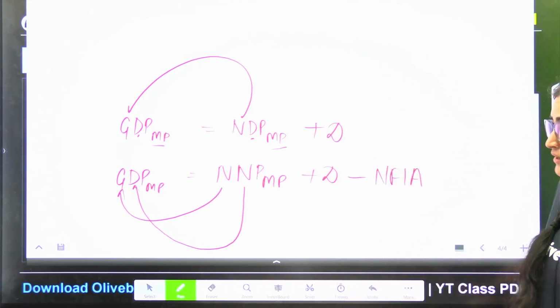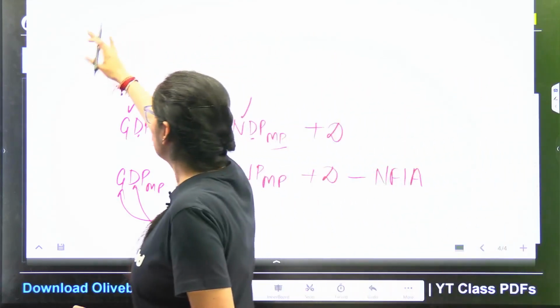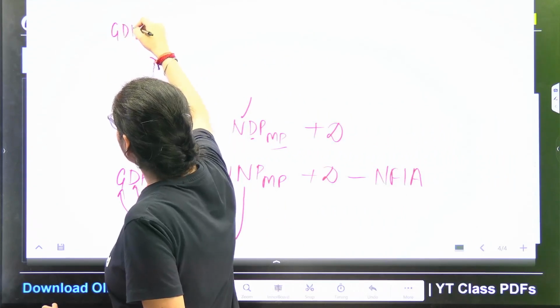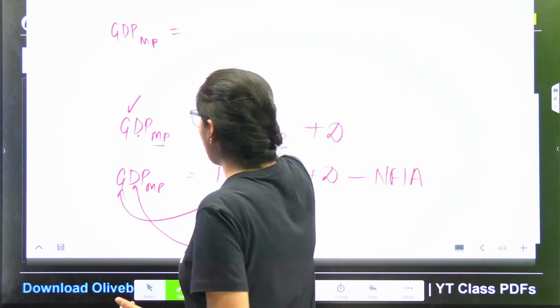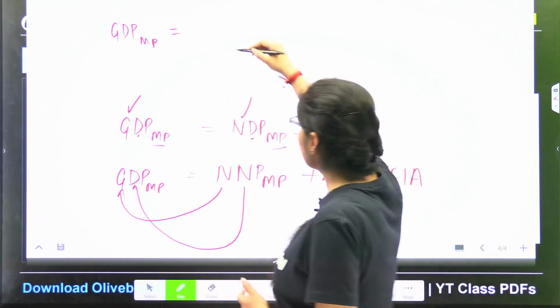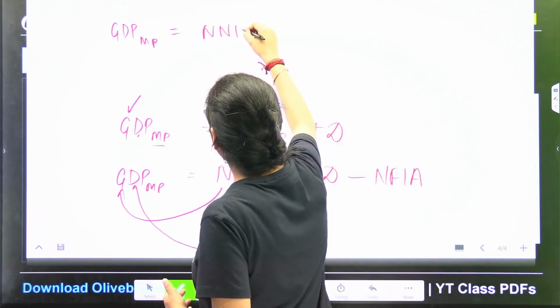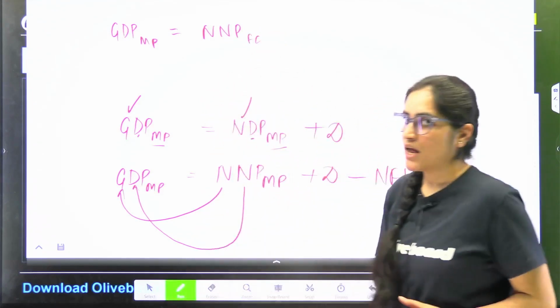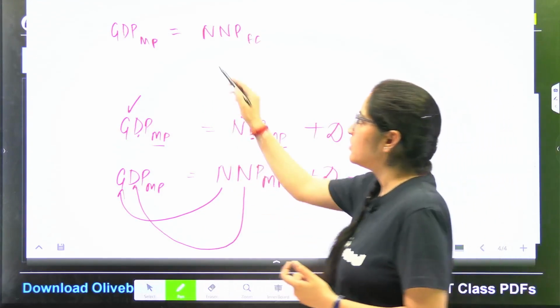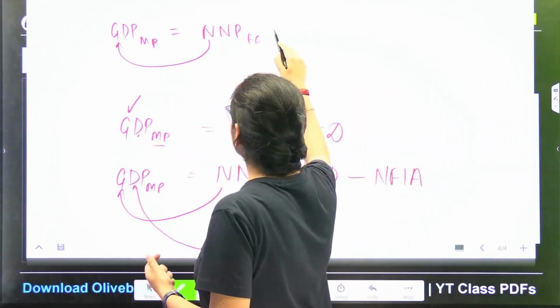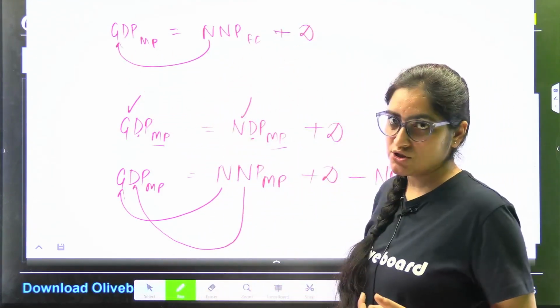Taking things forward, let's suppose now again I am going to ask you what is GDP at market price. What I have given you is NNP at factor cost. Now I have changed each of the variables. So from net to gross, you are going to add depreciation.